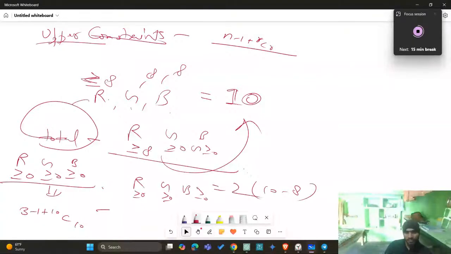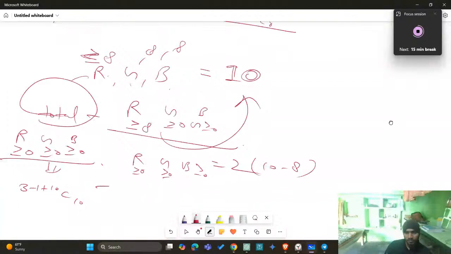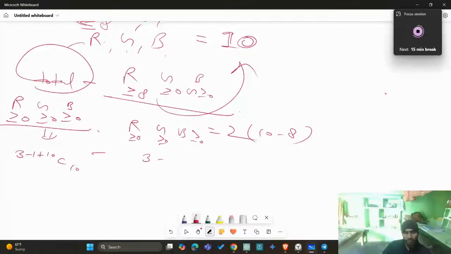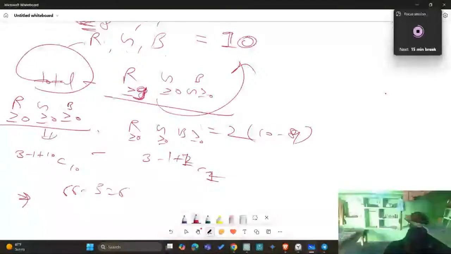So now this will be 3 minus 1 plus 2 C 2. So this case will become 66 minus 3 is equal to 63. This is the answer.